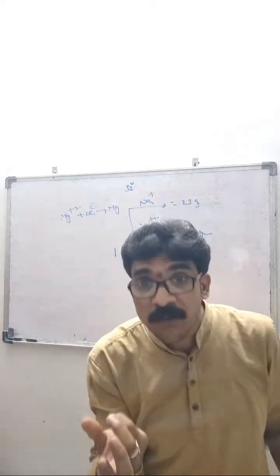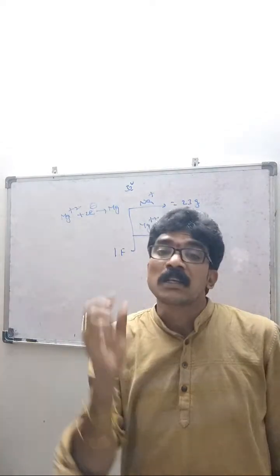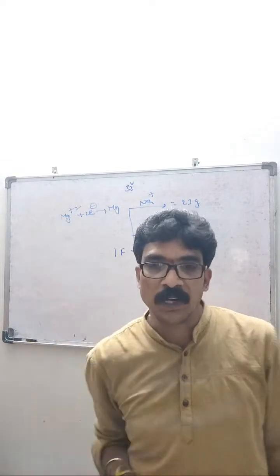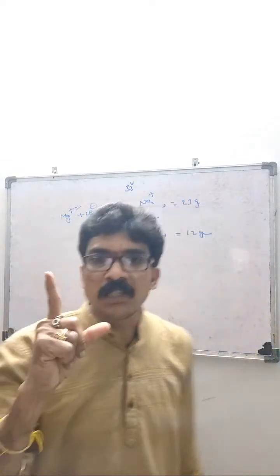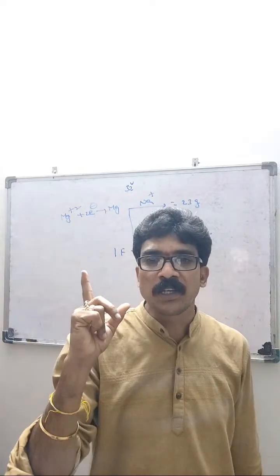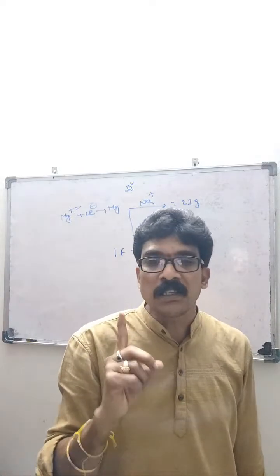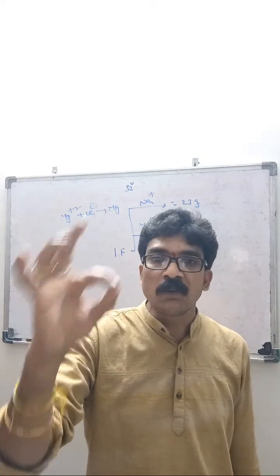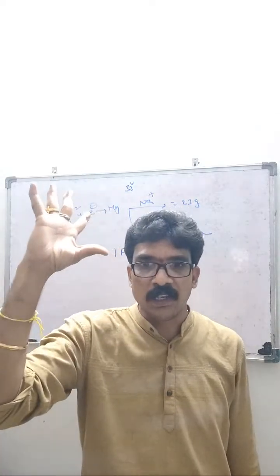So if 1 Faraday is supplied, how much will come, sir? 12 grams. The atomic weight divided by the charge is deposited by 1 Faraday. So for any substance, when 1 Faraday of electricity is passed through it, the deposited weight is equal to its equivalent weight.